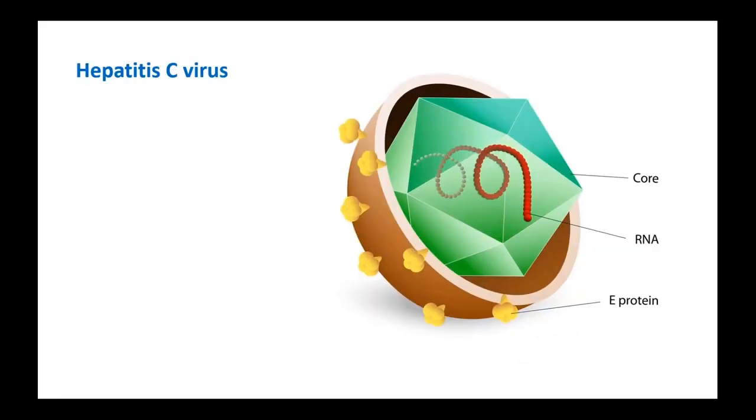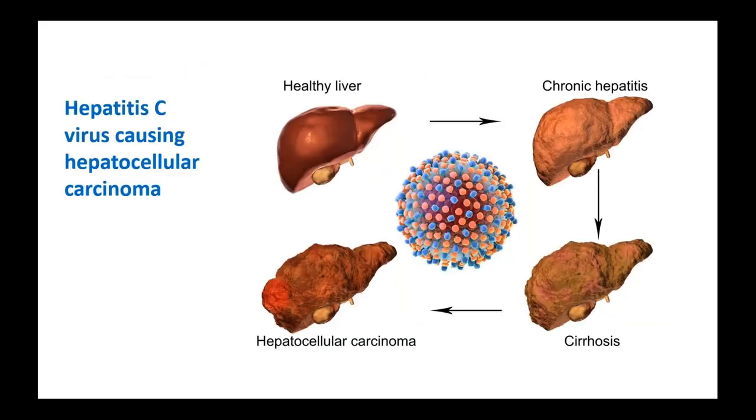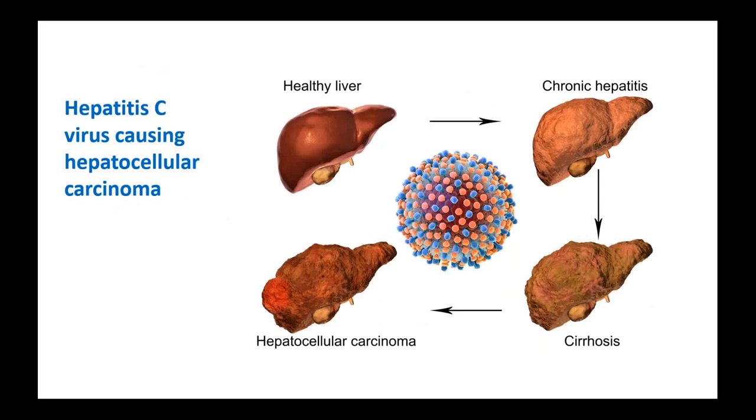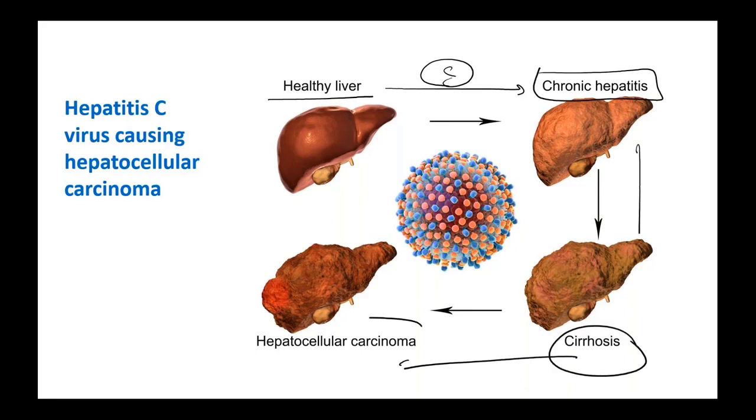In the hepatitis C virus, this is the core, this is RNA, and then outside is E protein. So healthy liver, chronic hepatitis C infection resulting in chronic hepatitis, resulting in cirrhosis, converting into hepatocellular carcinoma.